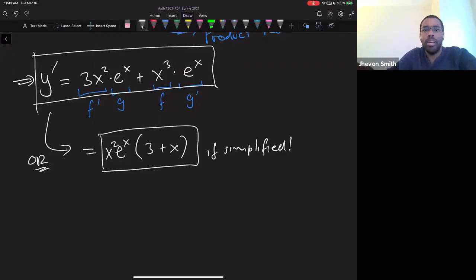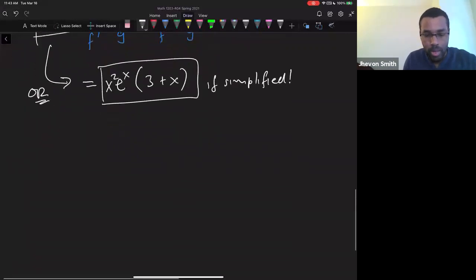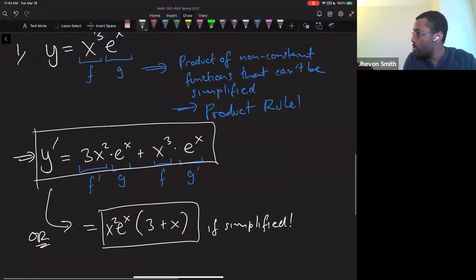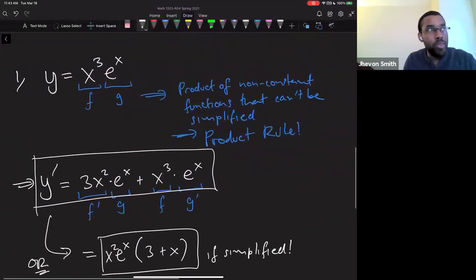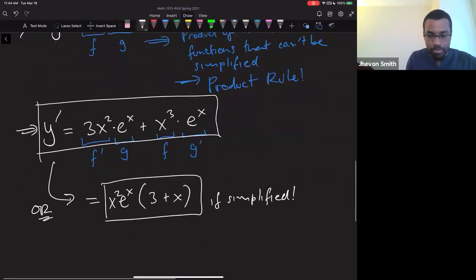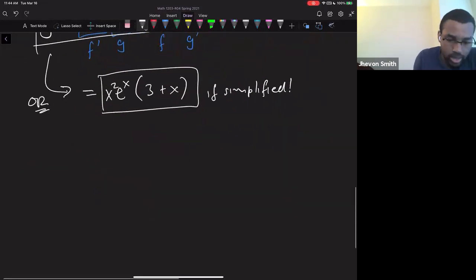There's actually a benefit. In general, a problem will say to simplify. If it doesn't say to simplify, then you don't have to. But if you're given choices, you should be able to recognize what answers are equivalent to yours, whether they've been simplified or not. So hopefully that's clear.